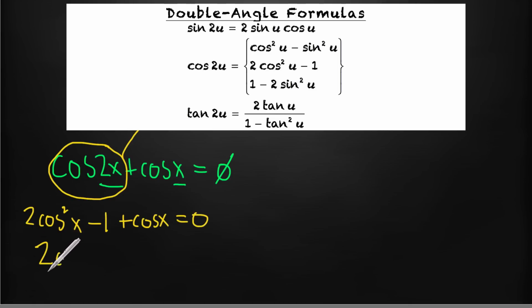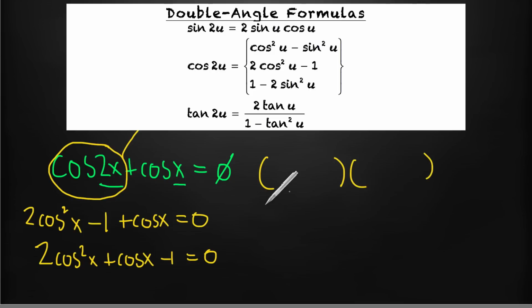And then we are going to treat this like a quadratic equation, and we're simply going to factor it. So that gives us 2 cosine of x, and over here we have cosine x, and we need a 1 and a 1, and the middle term needs to be a positive 1, so that's going to be plus, that's going to be minus, and we're going to set these equal to 0.